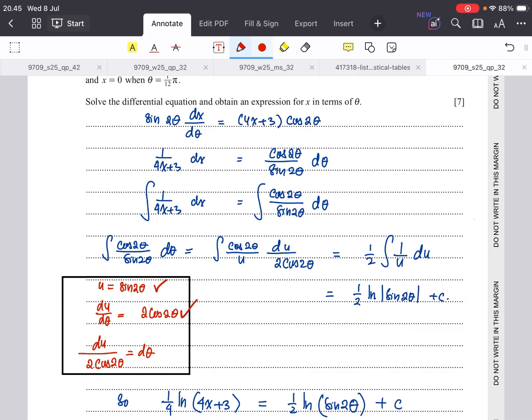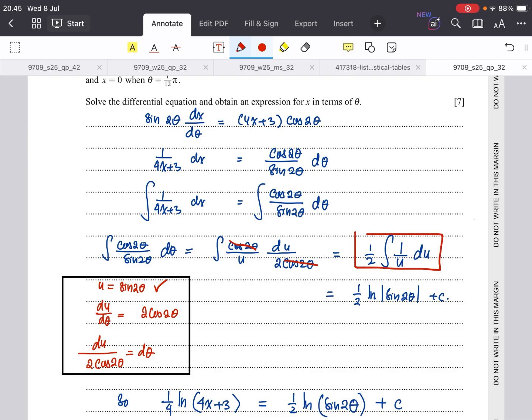So du over d theta, the first derivative, will be 2 cos 2 theta. So d theta will be, we move this to the left, du over 2 cos 2 theta. So sine 2 theta is u, and d theta we change into du over 2 cos 2 theta. That way we can cancel the cos 2 theta.